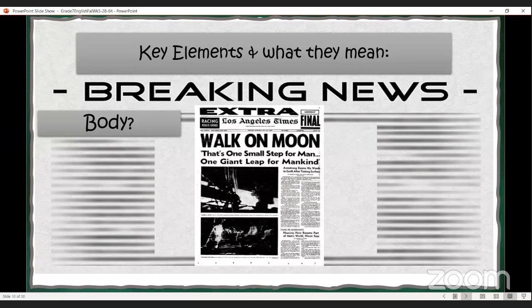Okay, so any suggestions as to what the body of the paragraph is? There we go. I'm liking that. Very good.